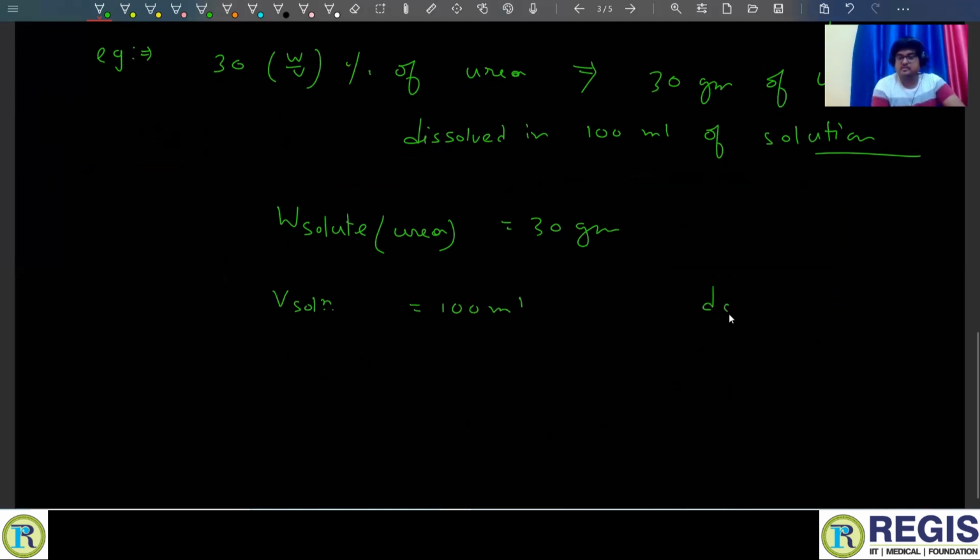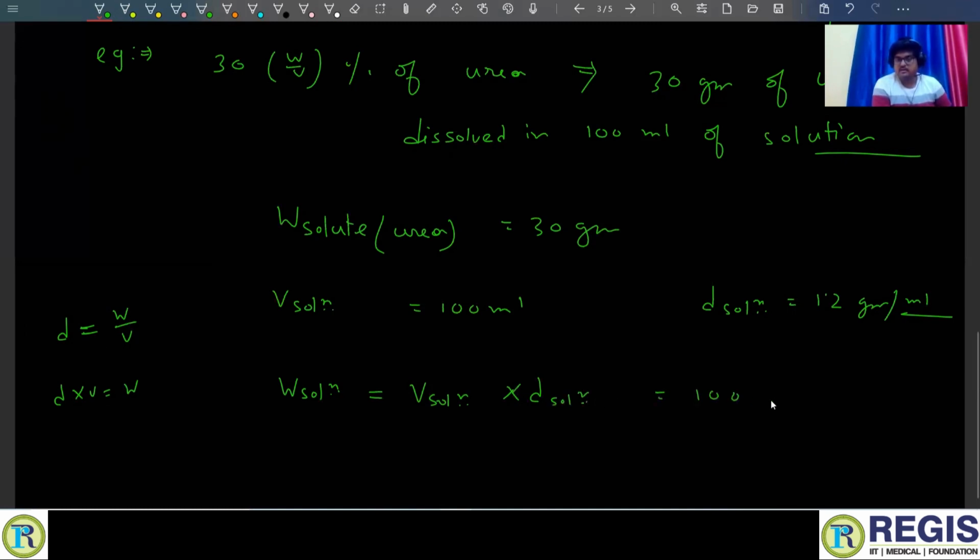Now the density of solution is suppose 1.2 gram per ml. What will be the weight of solution? We all know that density equals weight by volume. So can I write weight of solution equals volume of solution into density of solution?